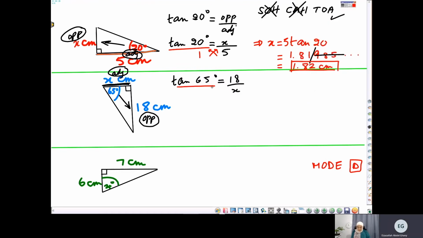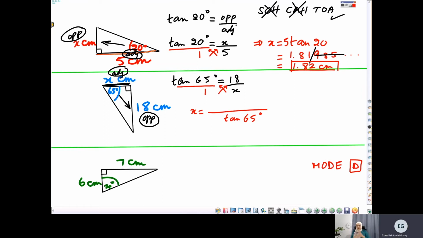In order to make cross multiplication, put an invisible one below tan 65 and say fraction equals fraction, then cross multiplication. So now x equals a long dash divided by the number connected to x, which is tan 65. I'm not concerned to find tan 65. We will write it on the calculator.